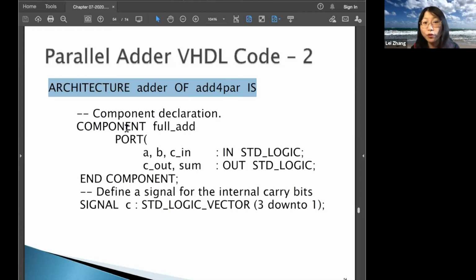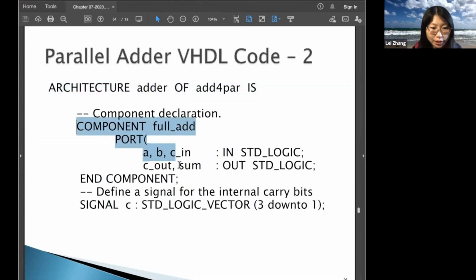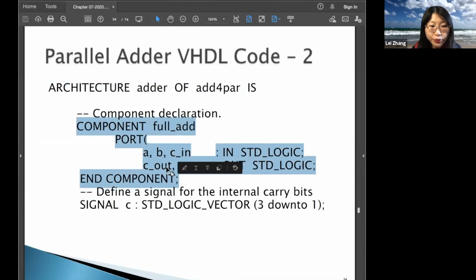So what the code is going to do is basically like in C code, you are calling a function, because before you call this function, you have to include a library, or you have to define the function you want to use somewhere. So in your own C code or library code, this is the same. So we have this component. The component declaration, you need to add the port.